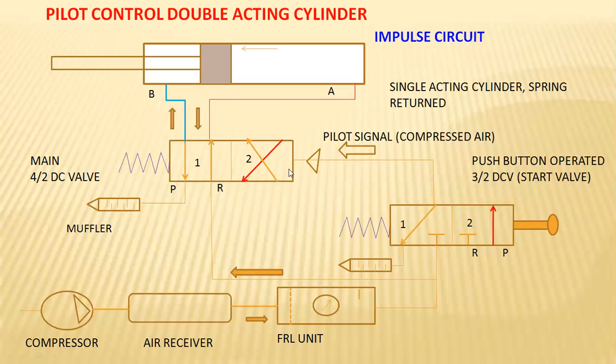The compressed air initiates the compression in the main DCV, that is the 4 by 2 DCV. Hence here 4 ports are existing, 2 positions are existing. Here only 3 ports are existing, and 2 positions. Hence it is a 3 by 2 DCV, and here it is a 4 by 2 DCV.